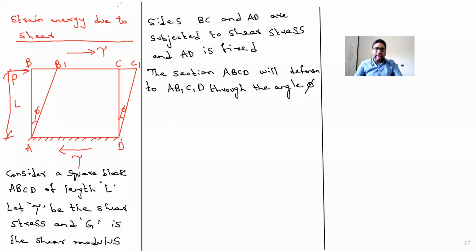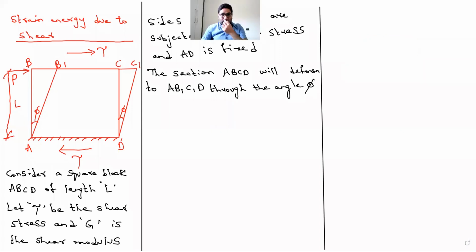Now, when it is deformed by some amount, what is this phi called as per the conditions that we try to adopt? So phi is the shear strain.